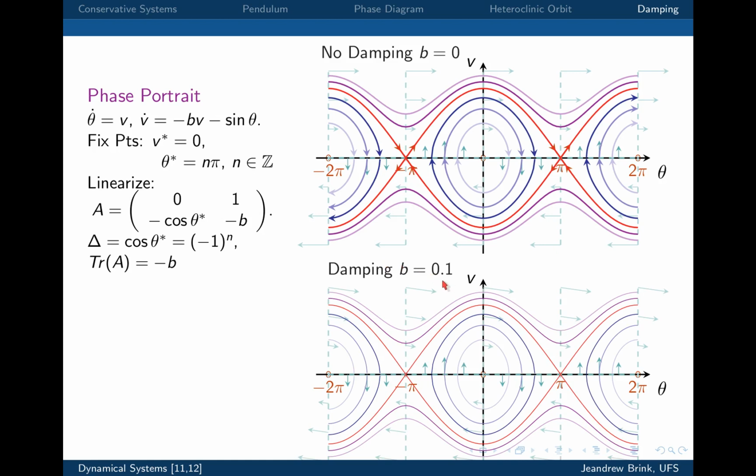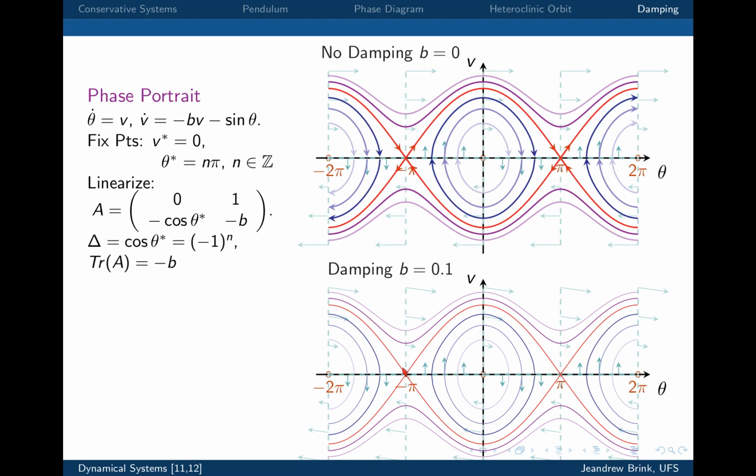Okay, so to plot the damping case for b equals 0.1, I've taken these contours, which are my energy contours. These lines over here are no longer the trajectories. I've just put them in the background because I know the trajectories I have to draw have to systematically move over these contours.